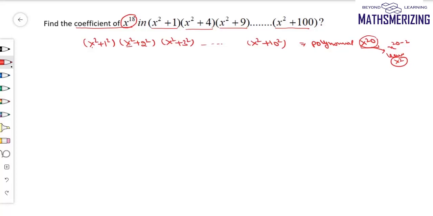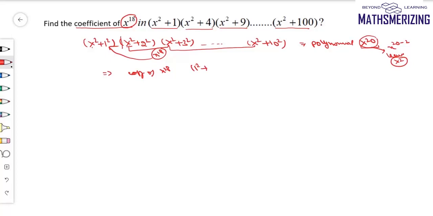So if I multiply all these x² except the first one, then I'll get x to the power 18. And when this x to the power 18 gets multiplied with 1², I'll have my first coefficient of x to the power 18.